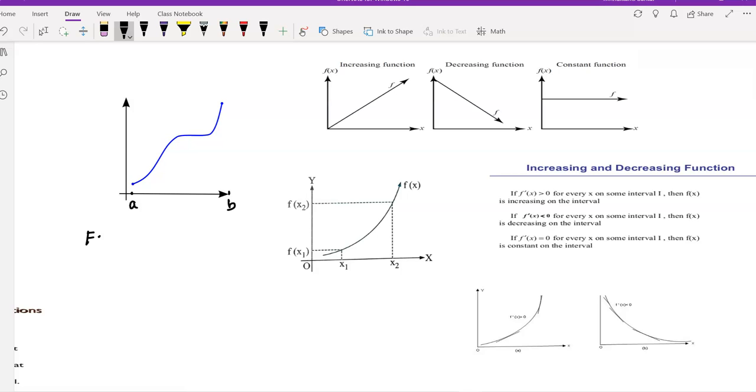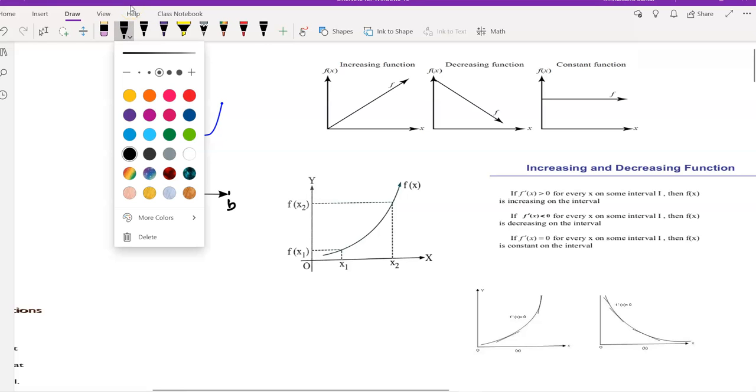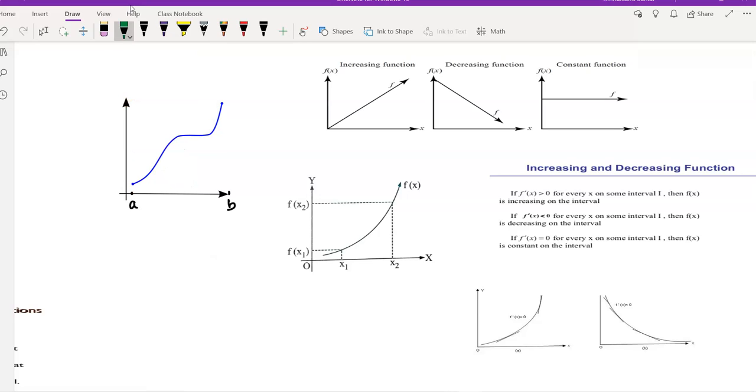A function is increasing in an interval if, for two points I have taken here, say this point be x1 and this point be x2.